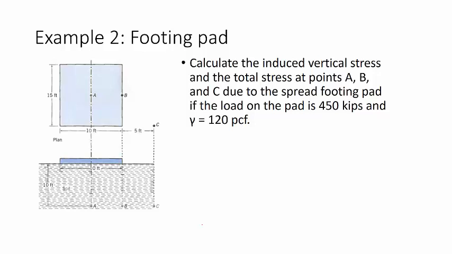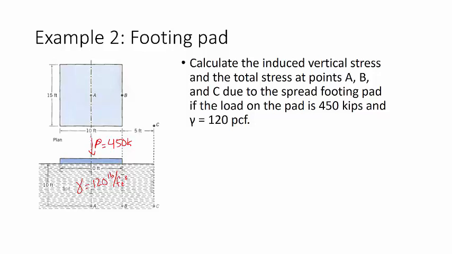There's a couple of pieces of information that we need to know here. First of all, the load P that is going to be placed on this is 450 kips. The unit weight of the soil is 120 pounds per cubic feet.